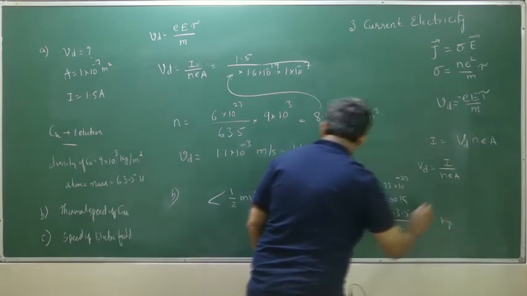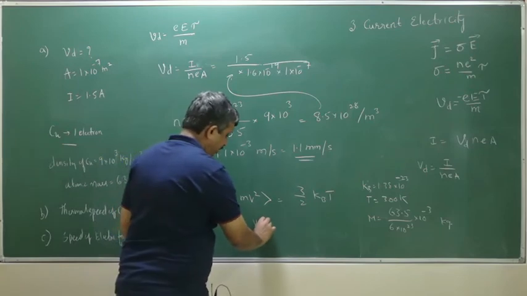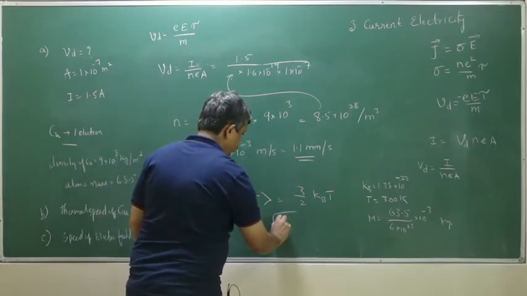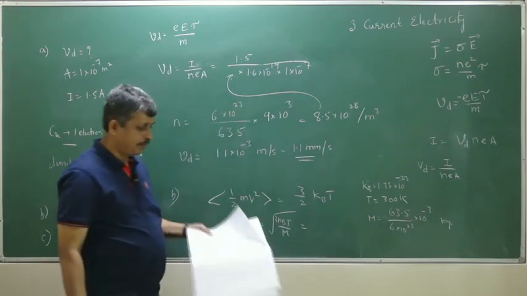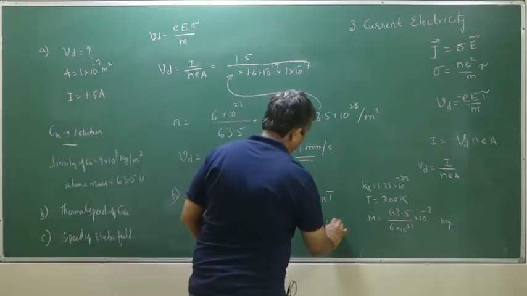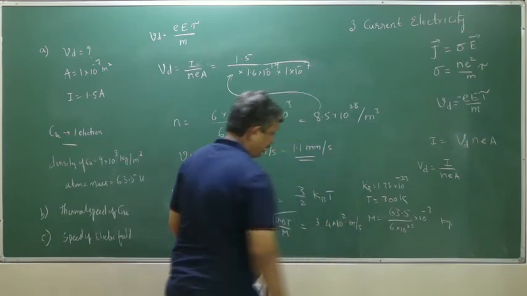So if you substitute these values, the V value you will get is the square root of 3 kb T by m, which, if you substitute all these values, will come to somewhere around 3.4 into 10 power 2 meters per second.